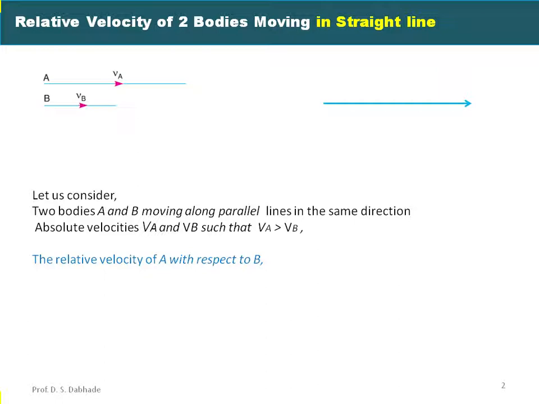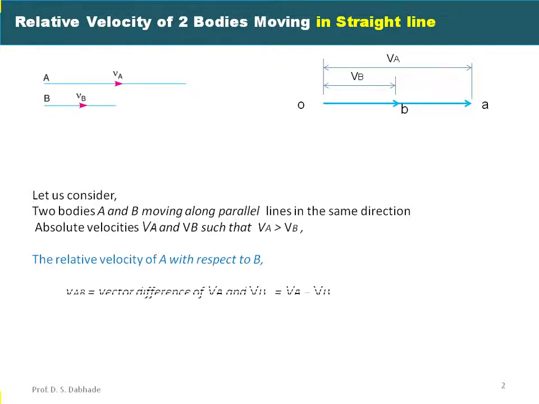From a common reference point O, the vector OA represents the magnitude of the velocity of A, that is the absolute velocity of A. Next, on the same diagram, the vector OB represents the absolute velocity of B, that is VB.